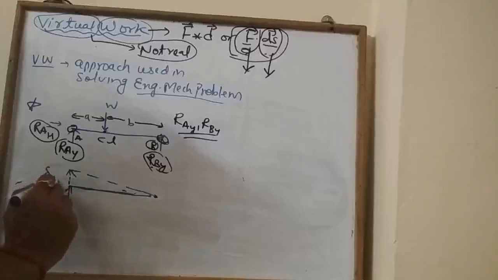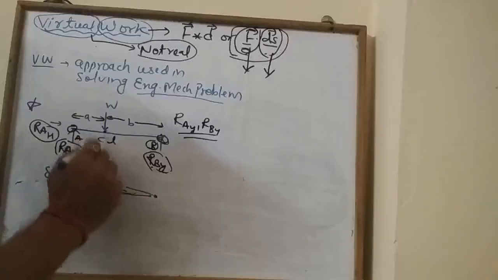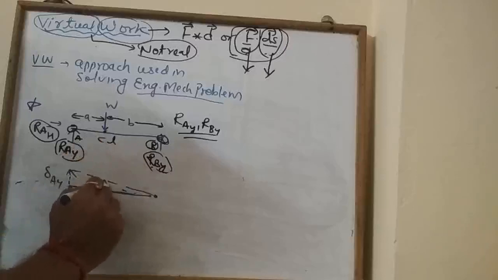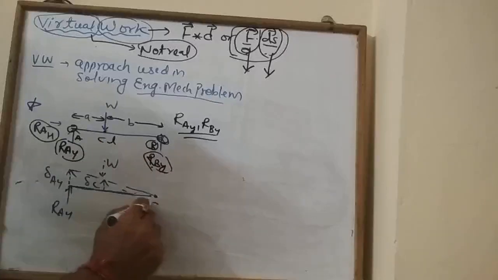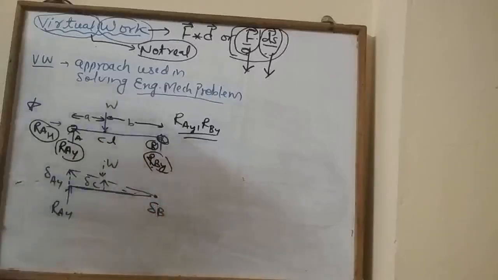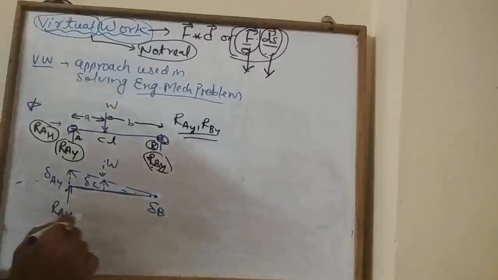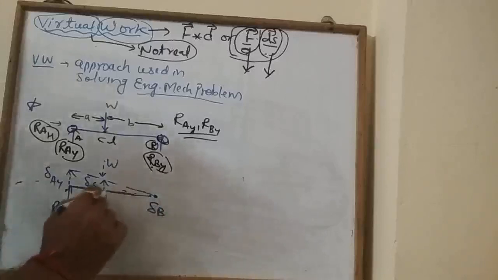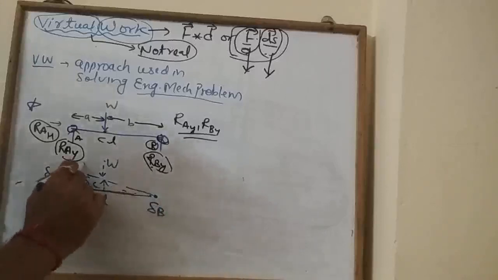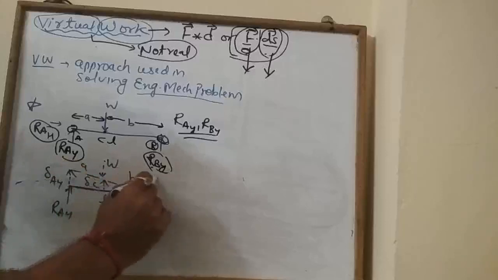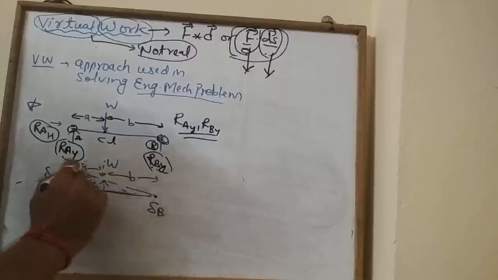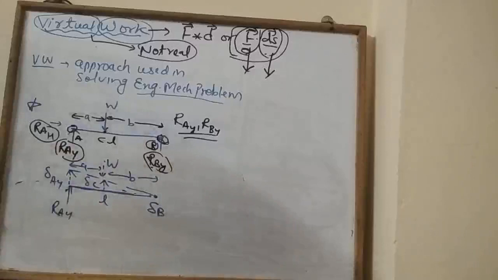Delta AY, under the application of W, this is delta C, this is delta B. Now this is L, AB, as we have done earlier.